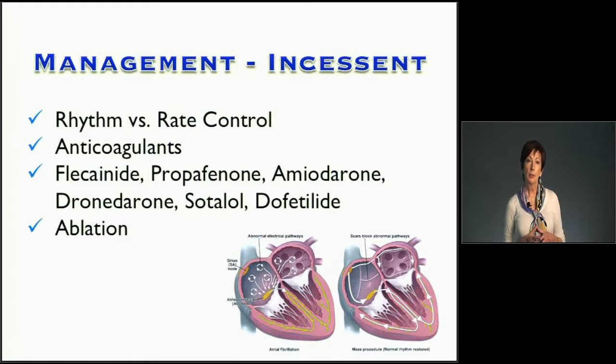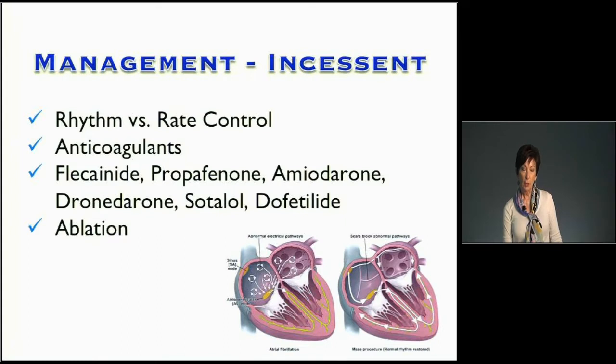For rhythm control, flecainide, propafenone, amiodarone, dronedarone, and sotalol and dofetilide have been used, with variable success. And ablation is becoming more and more the way to go, because so many of the drugs that we give these patients precipitate more arrhythmias.